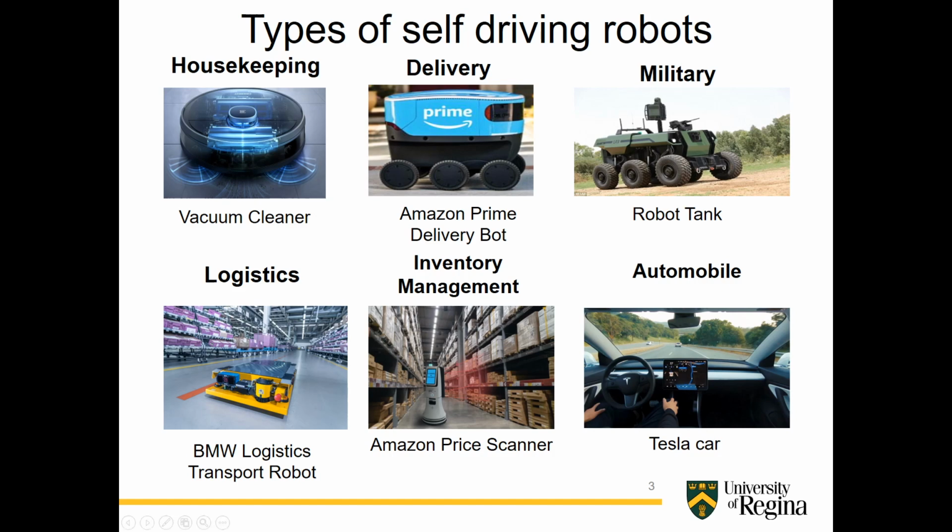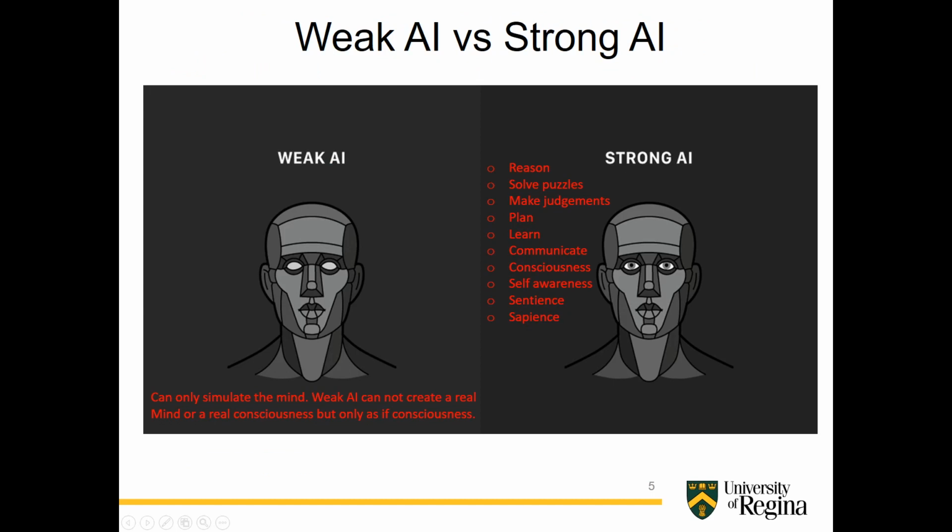You could say that it has a strong artificial intelligence when it comes to doing the job, because it mimics a human ability to move around and deliver packages, and sometimes it even surpasses a human ability as it uses a GPS navigation system and it always finds the shortest path to the customer's house, while humans make errors and could take longer to deliver the package. However, this same self-driving robot can't make any judgments outside of the scope of its task. It cannot solve puzzles and it doesn't have human consciousness.